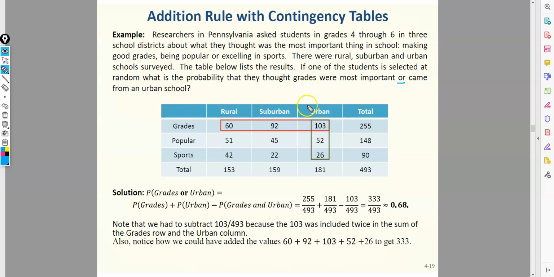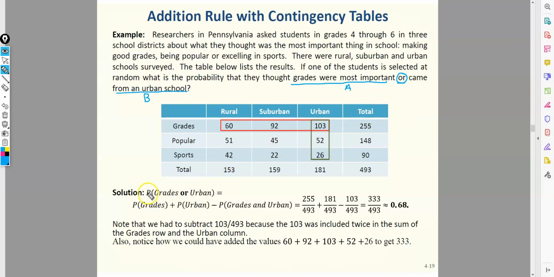So in this case, we're going to let the event A be thinking that grades were most important. So that's our event A. And coming from an urban school is our event B. And we have an OR in between them. So we see that we want to apply the addition rule.